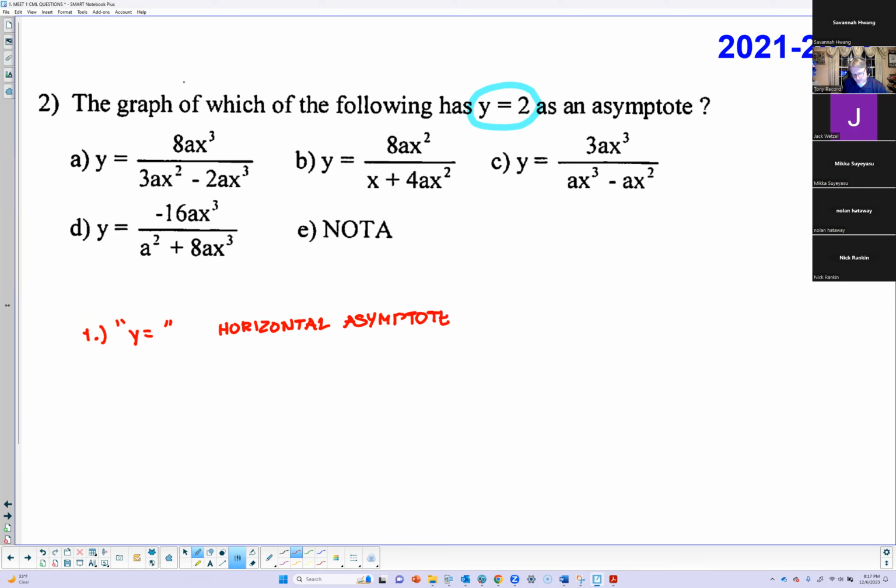Okay, what do we go from there? From a calculus standpoint, when we were talking about horizontal asymptotes way back in Unit 1, what is the calculus concept associated with finding a horizontal asymptote? And that would be a limit as x approaches, what is it?